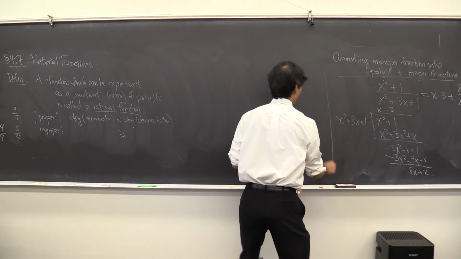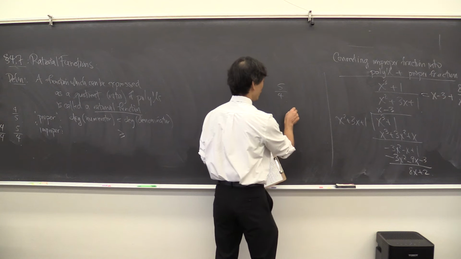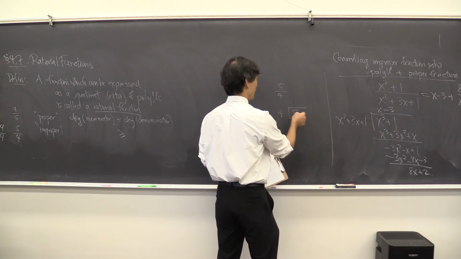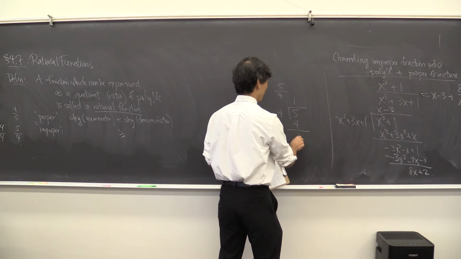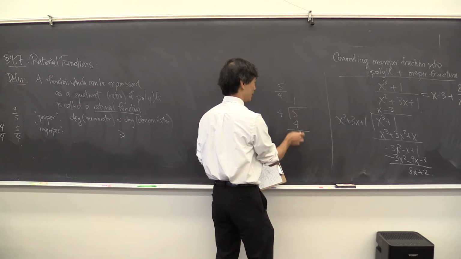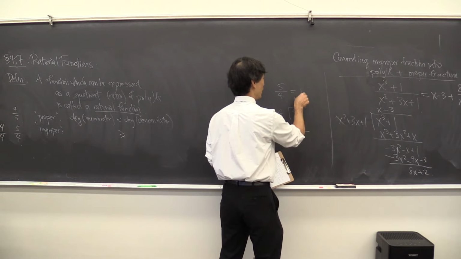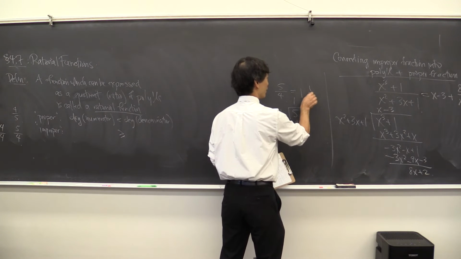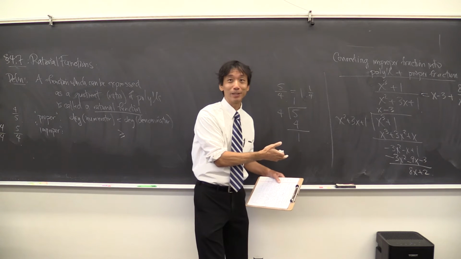This is just like if you have 5/4, you could write this as 1, and then you subtract off, and you get a remainder of 1. So this is 1 and 1/4. That's all we're doing, actually.